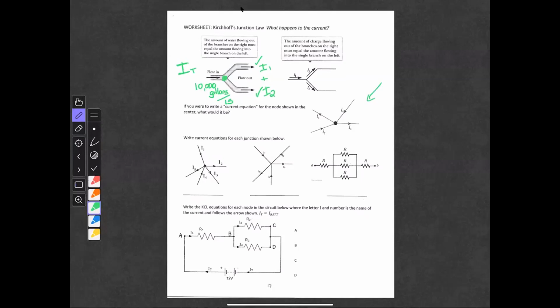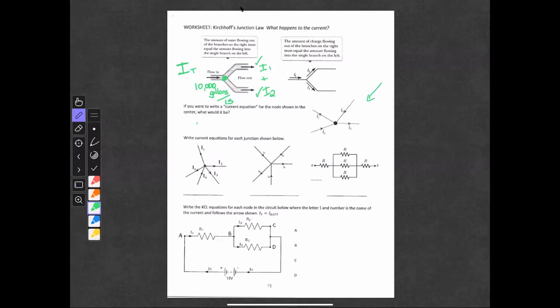For efficiency, since we're recording, I'm going to help you hopefully notice that I2 and I4 are both going in. This is a more complex situation. This is not just a one goes in, two comes out situation. Do you notice that I2 and I4 are both going in?